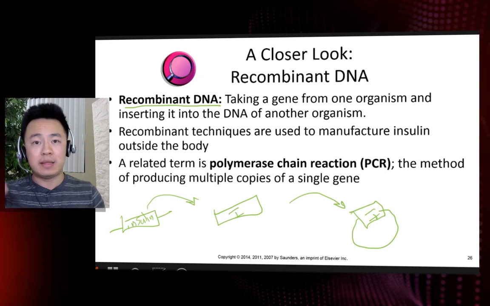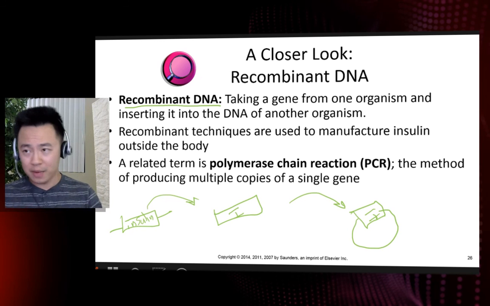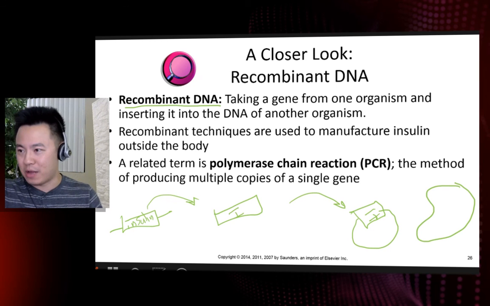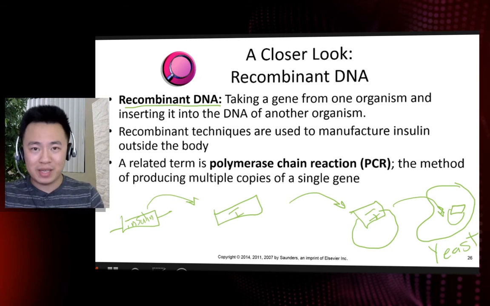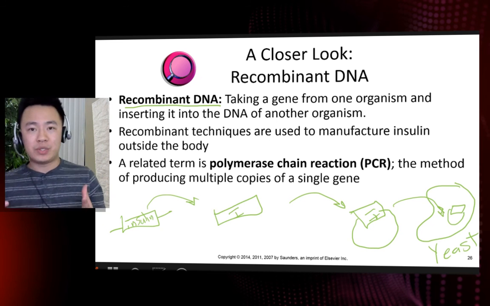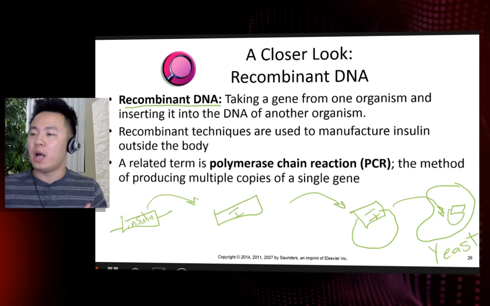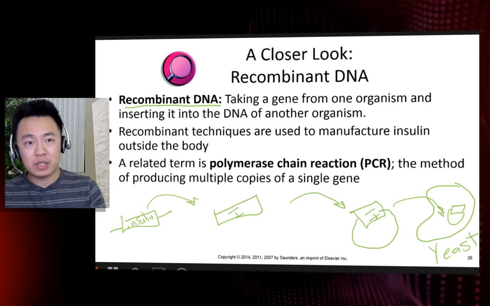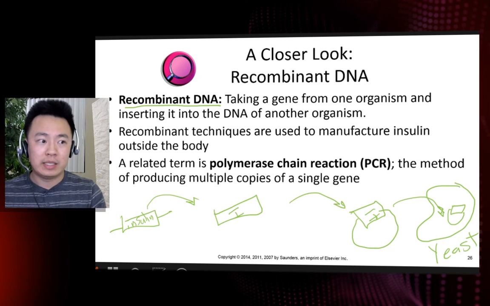So now we've taken the genetic code to make insulin and stuck it into another block of DNA, another chromosome, and then stick that whole chromosome inside, say, a yeast cell. Stick that in here, where we can brew these in a tub and start to artificially produce insulin using another organism's DNA replication machinery.